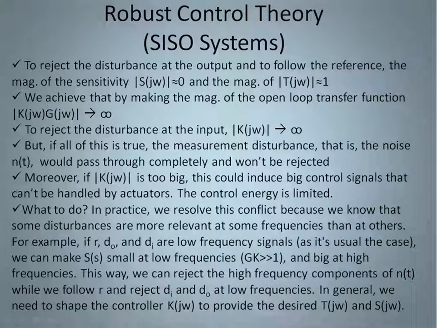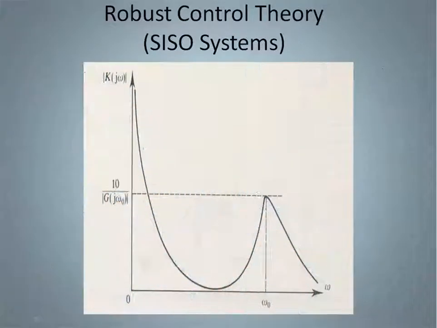In general, we need to shape the controller K to provide the desired T and S. Let's illustrate this in the next slides. In this plot, we see the magnitude of the frequency response of a particular controller. We can say immediately that because the magnitude tends to infinity at low frequencies, this controller will reduce the effects of an input disturbance at low frequencies.